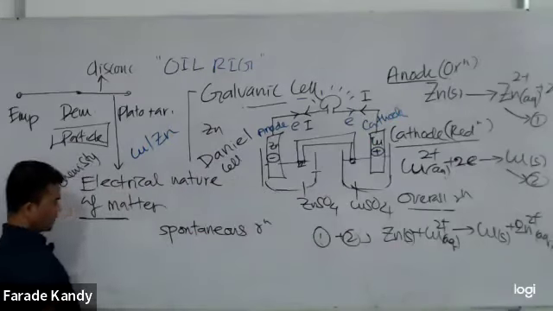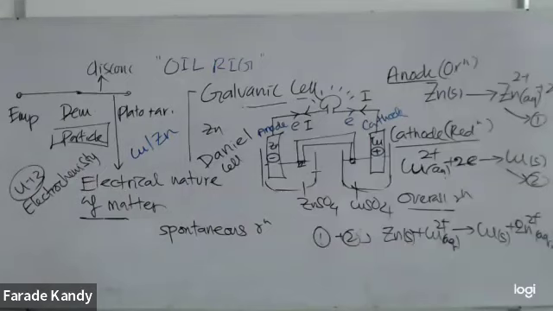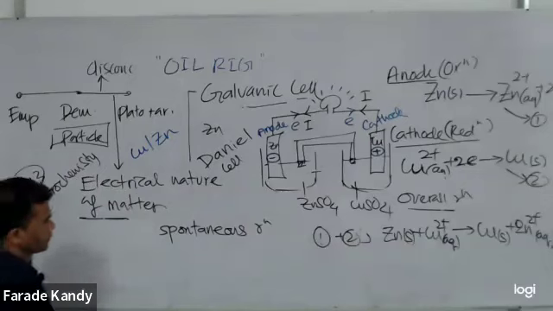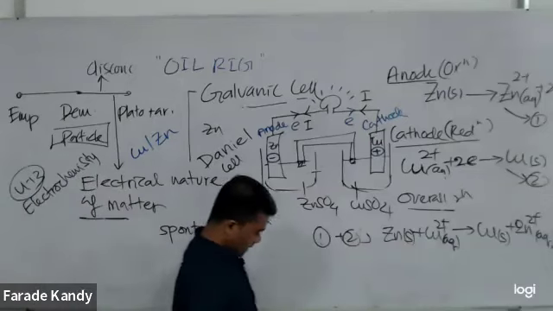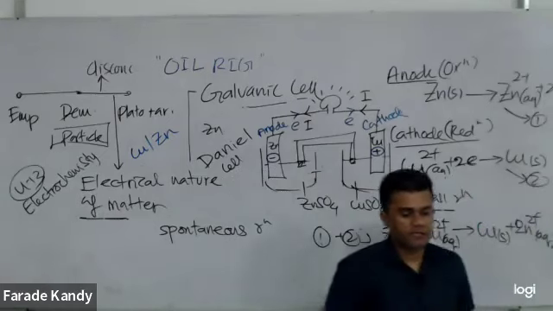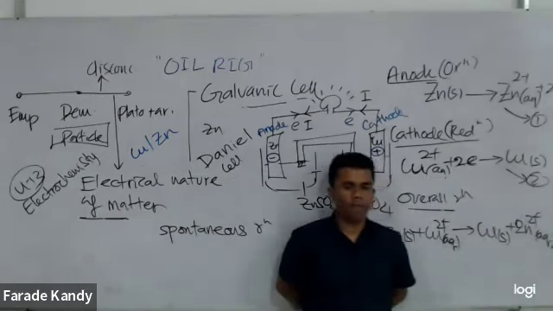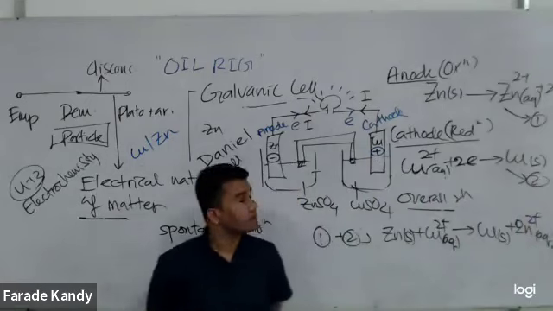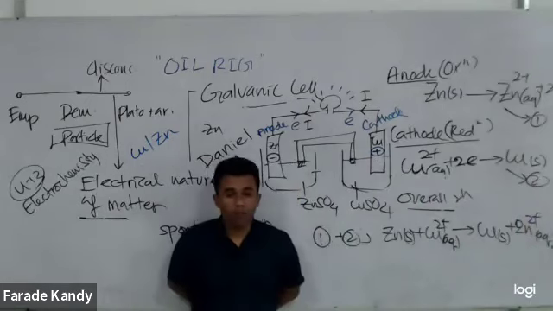We'll talk about the spontaneous reaction under Unit 5. During this spontaneous reaction, there is electron flow from zinc to copper.